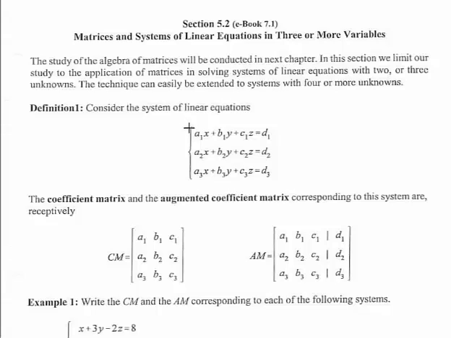Well, we start off with the definition of a system of linear equations, and here we're talking specifically about three equations, three unknown variables, and we have all these different coefficients, A, B, C, for equations 1, 2, and 3.